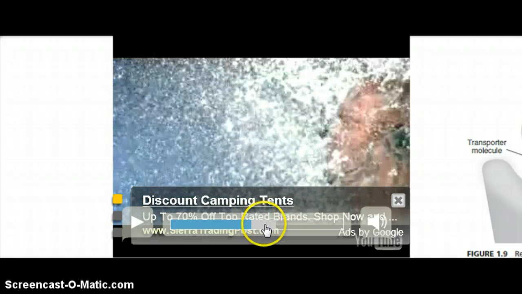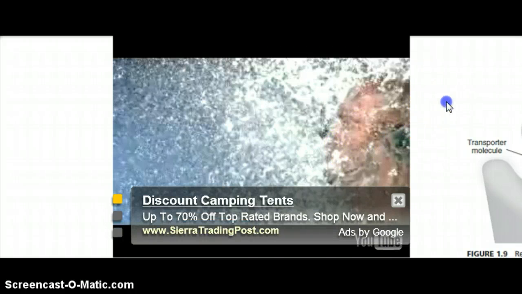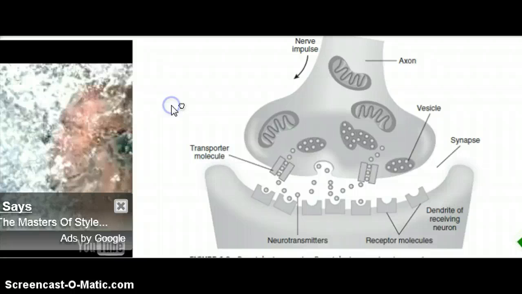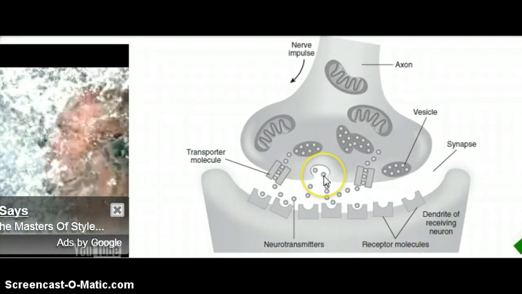See that right there? The balloon is like the vesicle. The water spraying out is like the neurotransmitter in the synapse. And here the guy's face is like the postsynaptic receptor. So we'll go back here. The water balloon comes down, releases the neurotransmitter into the synapse. But then what does it do?